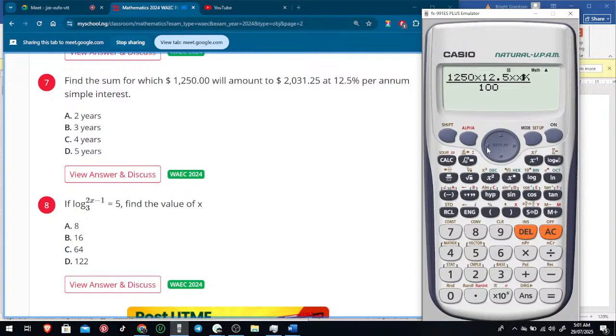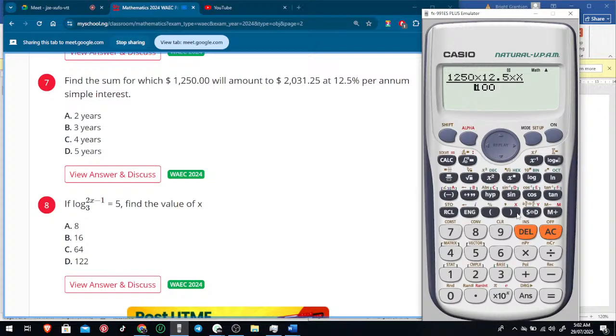So just make this one the subject. Find the time for which this money will amount to 2,000.